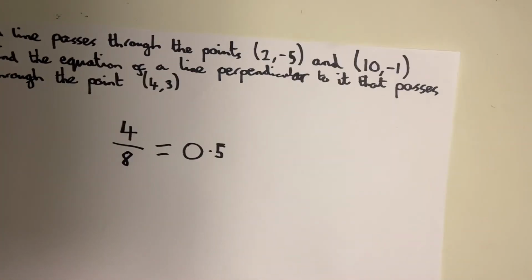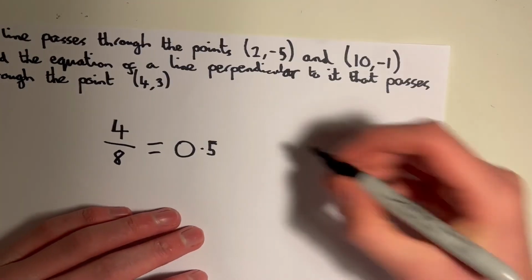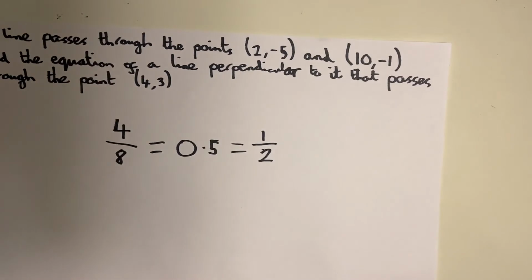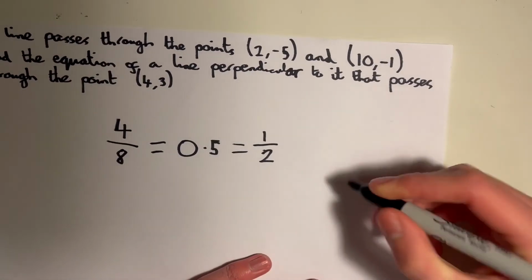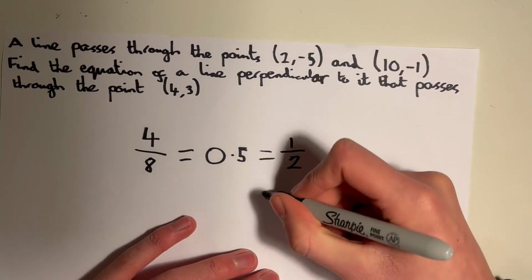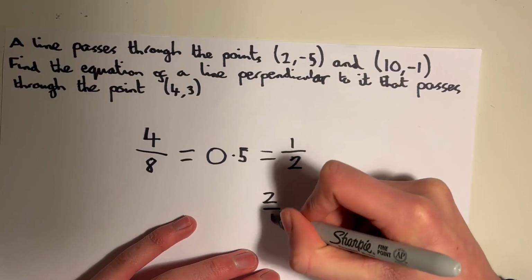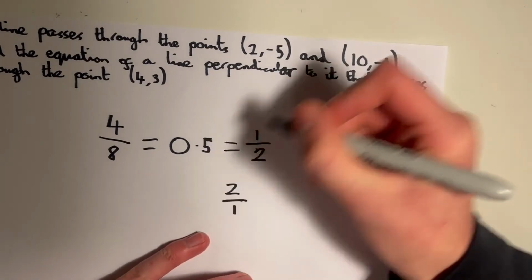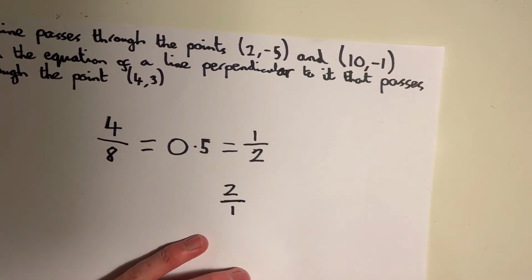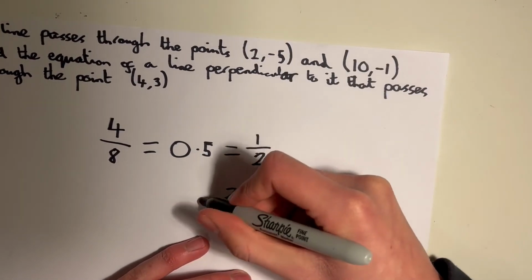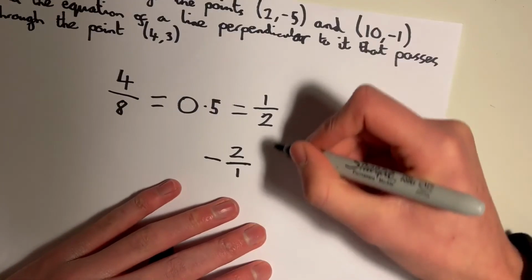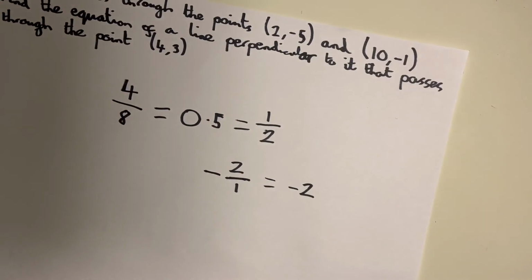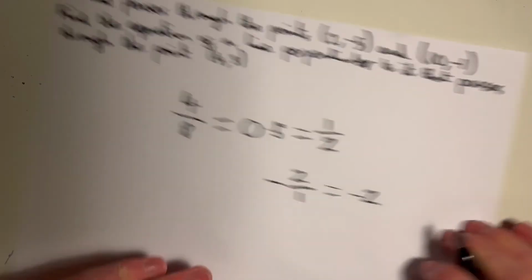So because it's perpendicular, actually it's probably better to leave this as 1 over 2. So because it's perpendicular, it would have the negative reciprocal. So we'd flip this fraction just to make it 2 over 1, and then change the sign in front of it, instead of positive 2, minus 2. So minus 2 over 1 is literally just minus 2. So the gradient of our line is minus 2.